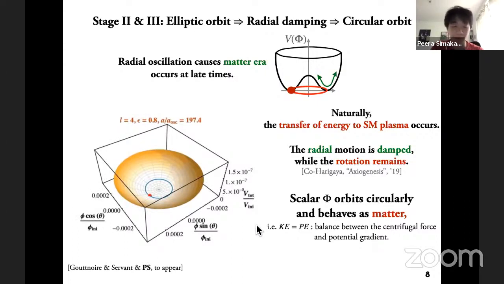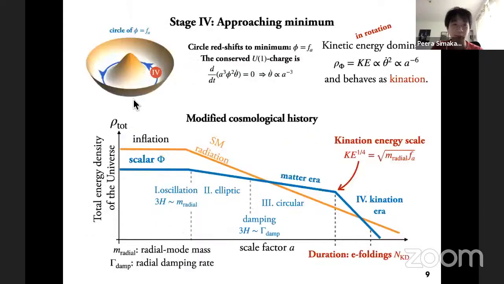This is due to the balance between kinetic energy and the potential energy of the field. Now we have this circular orbit, and this circular orbit will continuously redshift down the potential, and it will redshift down to the bottom. And this is where the potential energy of the field becomes negligible compared to the kinetic energy of the field.